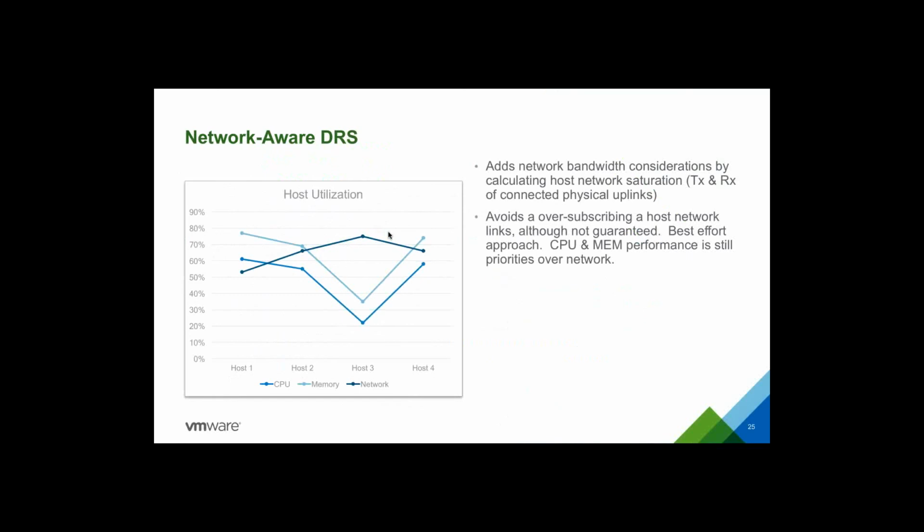And the same thing happens again also with any type of placement decision. So it could be due to an affinity rule. It could be due to a host going into maintenance mode. Anything it's going to do is going to make that additional check, and the idea is to avoid a problem that is related to network saturation.